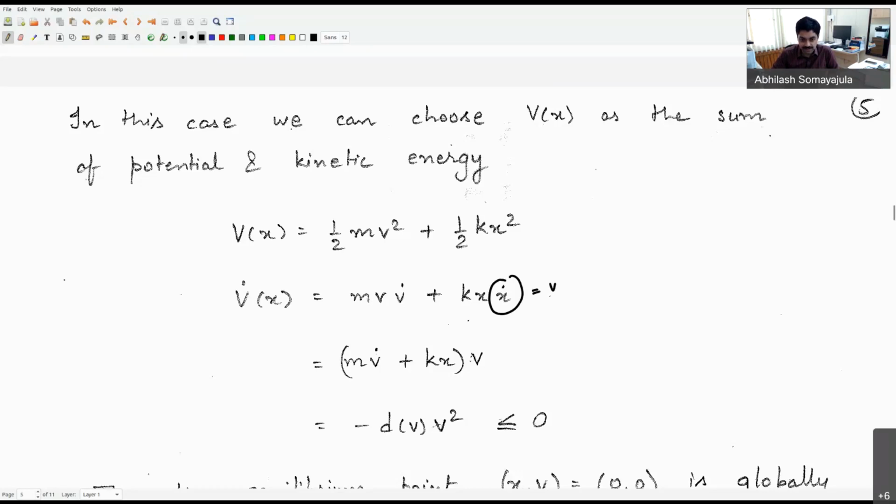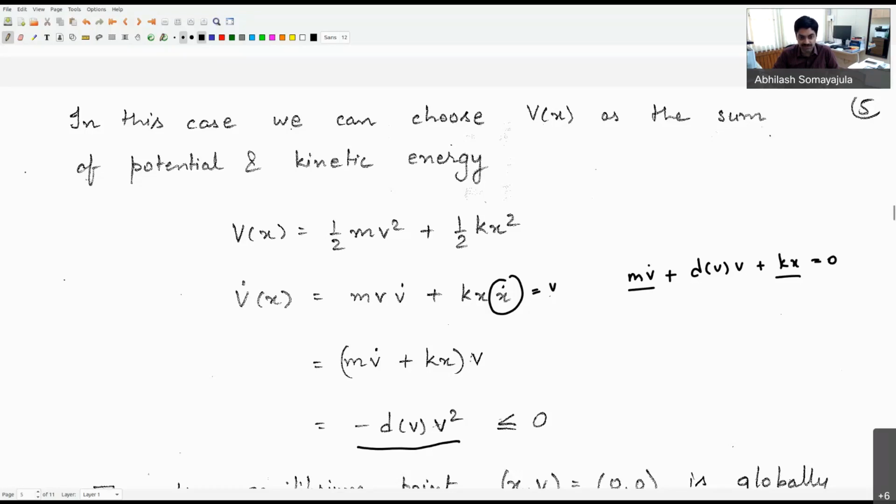And then, since I know my equation of motion is m v dot plus d(v) times v plus k of x is equal to 0, the sum of these two terms will be equal to minus d(v) times v. Right? So therefore, since there is minus d(v) times v and there is a v which I am multiplying with it, it will become minus d(v) times v squared.